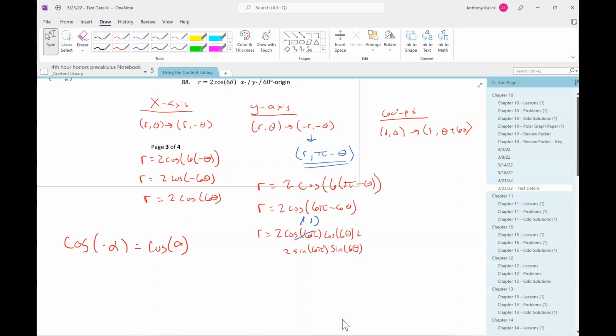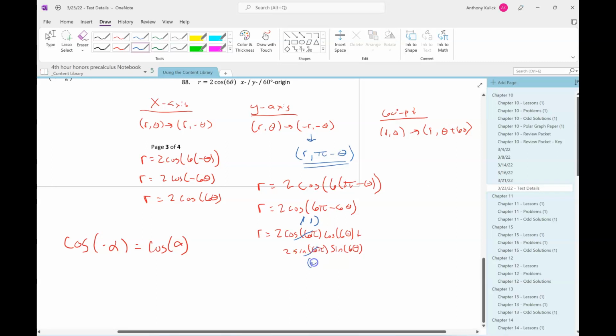Cosine is 1 and sine is 0. Yeah, at 6 pi, cosine is 1, sine is 0. So that's just 0. So that whole piece drops off. So that's what we needed.